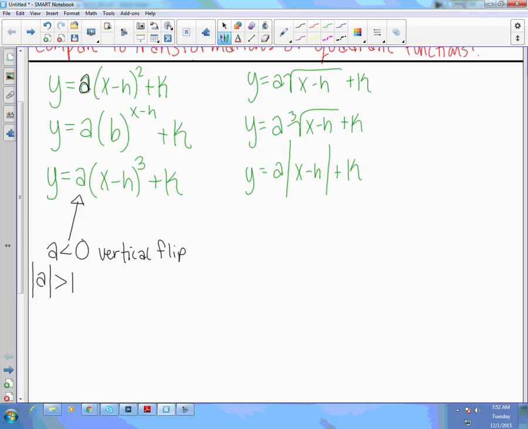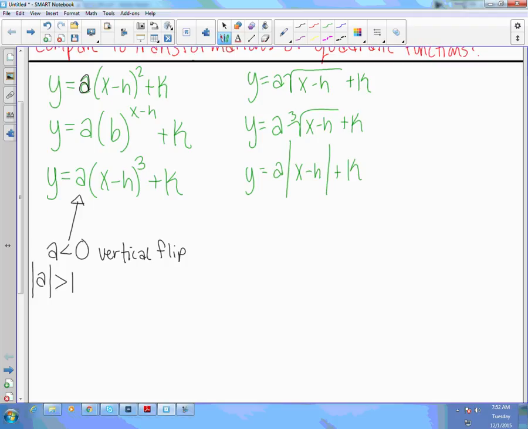The a is very similar to a slope. So you can write it as rise over run. If you have a greater than 1, like 5 over 2, you would be going up 5, out 2. Are you going up more or out more?